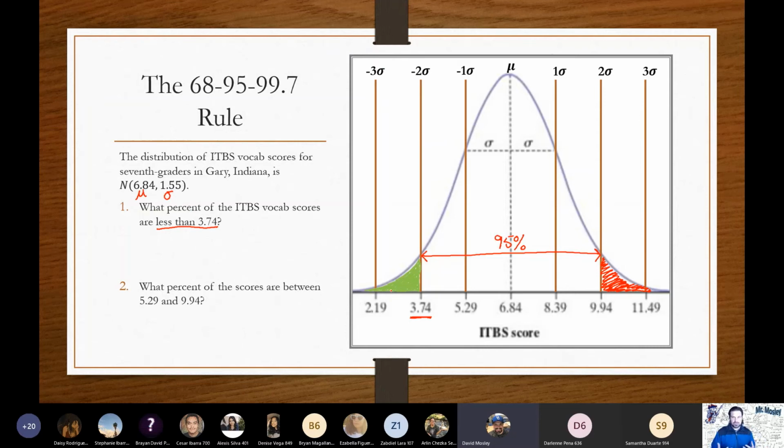This is symmetric, which means that that 5% must be split evenly between those 2 sides. So over here on the left side, the area that I've shaded here is 2.5%. And then on the other side, on the red, we have the other 2.5%.